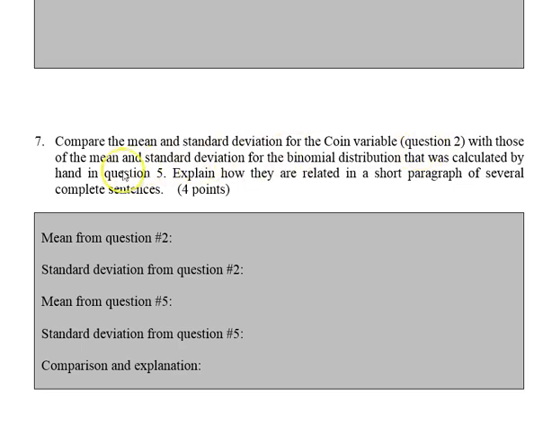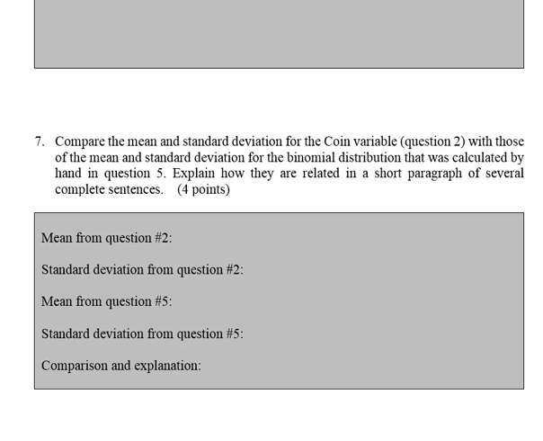And we're comparing that to question 5, where we had our theoretical mean and our theoretical standard deviation for a binomial experiment where the probability of success is 50%. So compare those values and explain how they're related in a short paragraph with several complete sentences. If you have any questions about any part of this lab, please reach out. I'll be happy to assist.